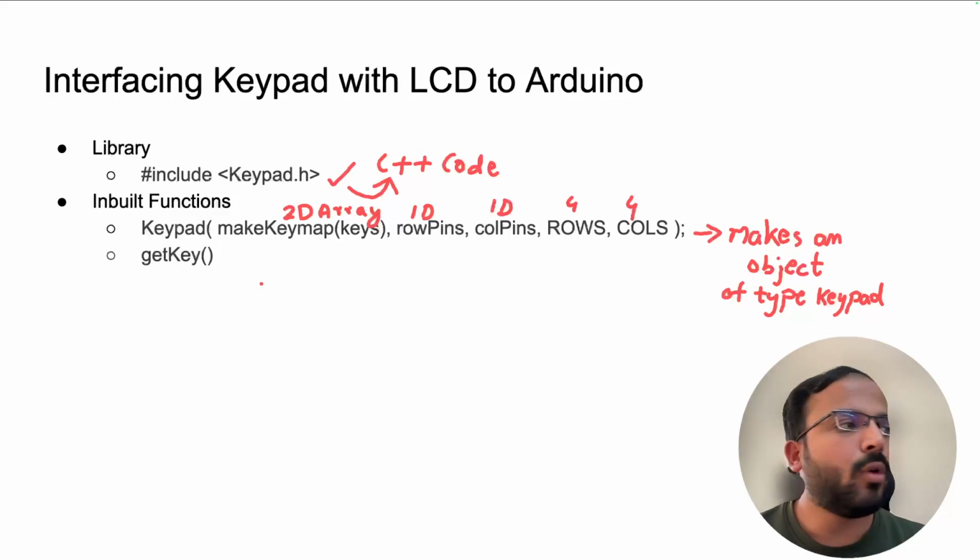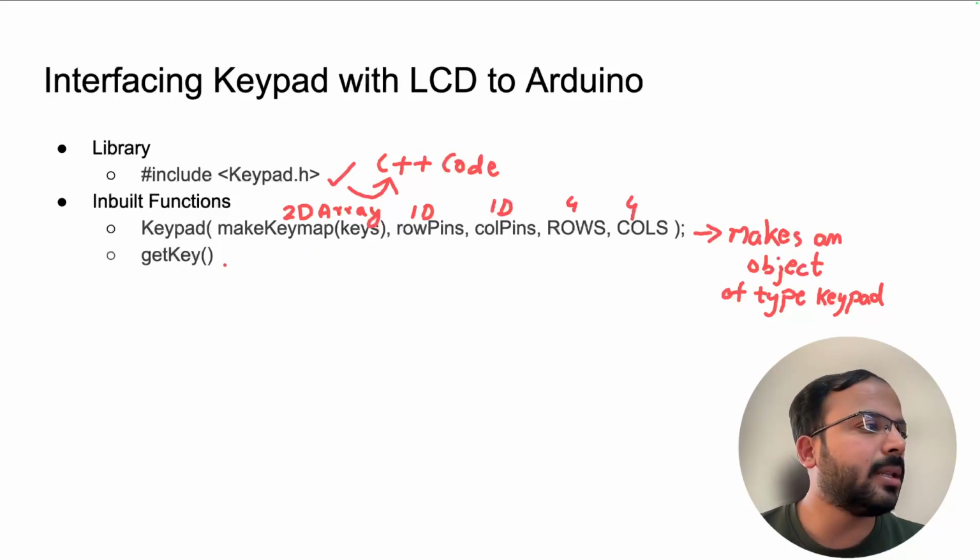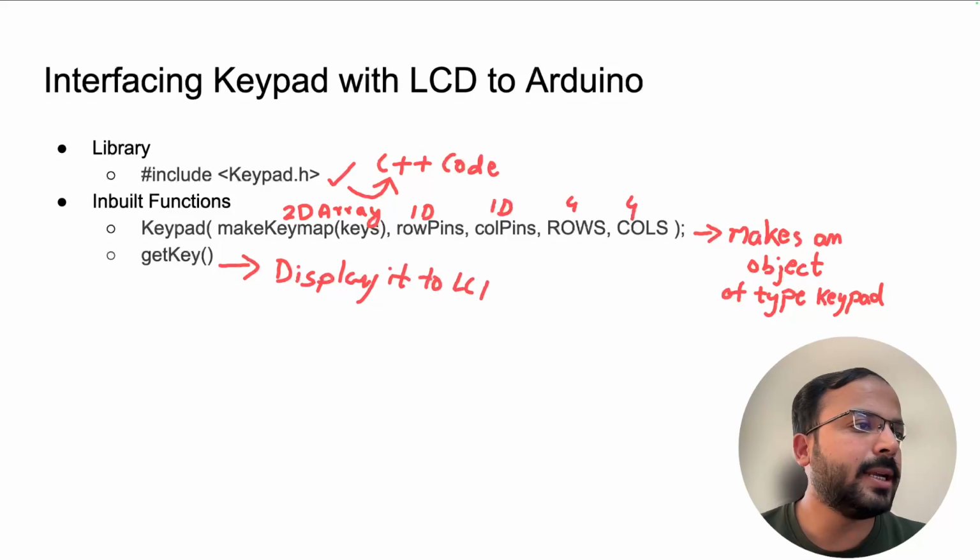Now, get key. Once you have an object declared, you can declare any variable, and from that you can get the key. You get the key and display it to the LCD. For the LCD we know that we can use LCD dot print and provide the data here, or the key whatever is pressed.